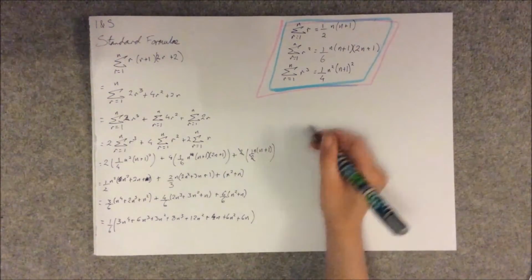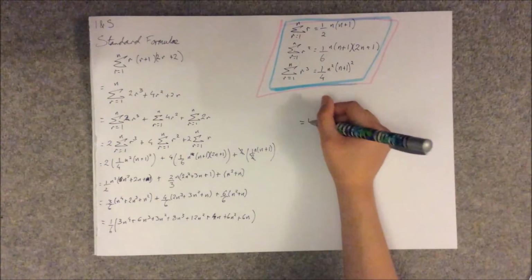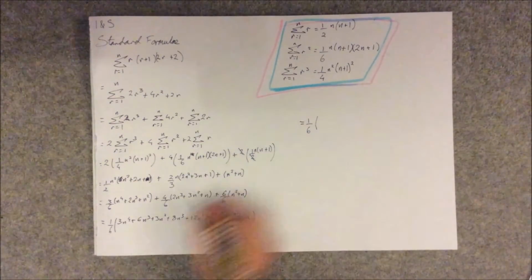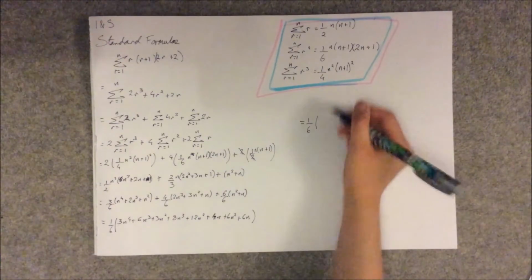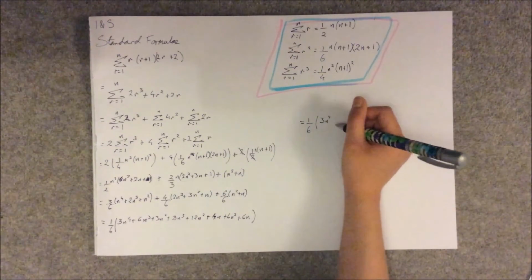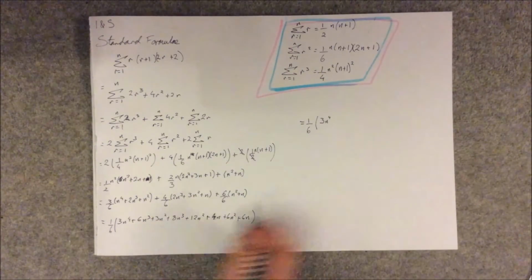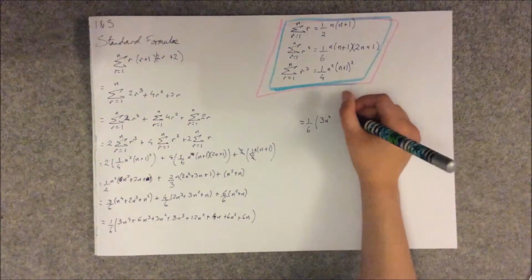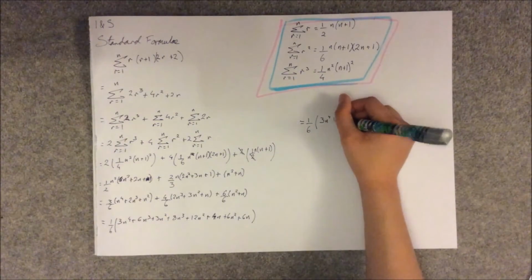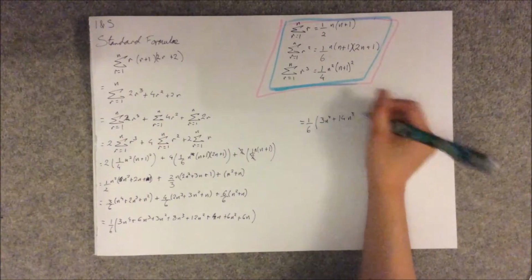Woo. And now we just have to simplify that, moving over here because I am running out of room. Keep 1 over 6 out. It's only one with indices of 4, so that's 3n to the 4. And there's plus 6 and plus 8 cubed. With the n cubed, so that is plus 14n cubed.